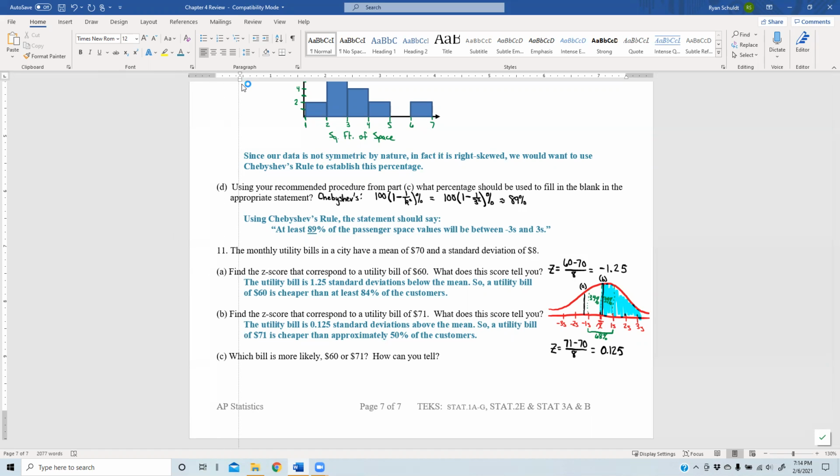If it's closer to a z-score of 0, then it is more likely. So the $71 utility bill is more likely due to the z-score being closer to 0. And that's it. That's how you can tell.